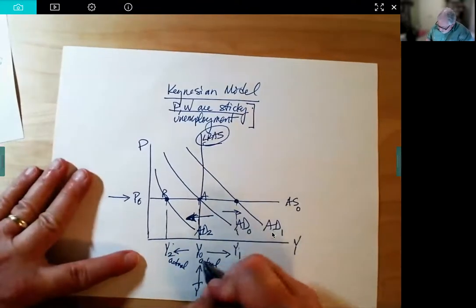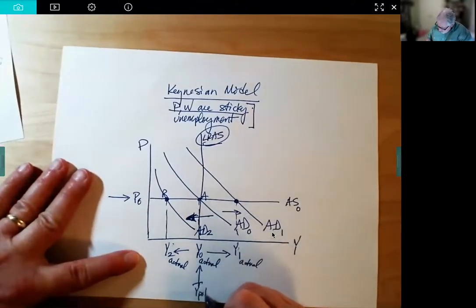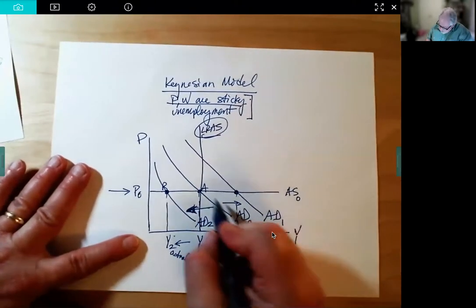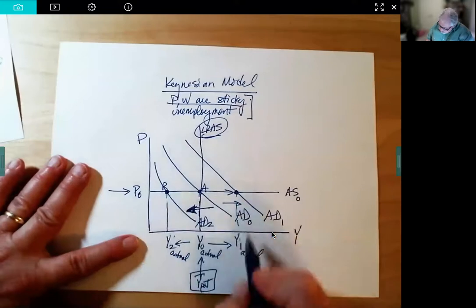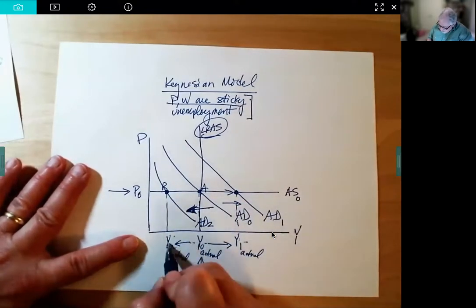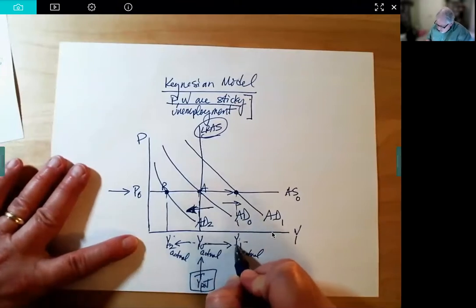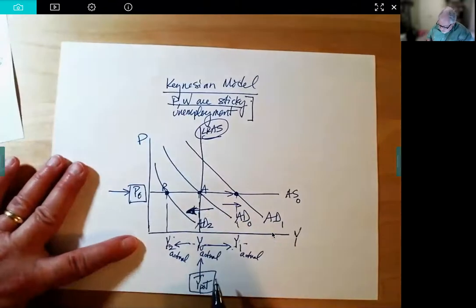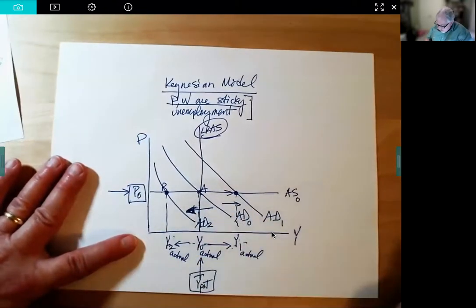It's a marker of potential GDP, full employment real GDP, and changes in aggregate demand cause real GDP to either go above that or below that. This is a recession. This is an expansion. And the price level we assume is fixed, at least for some period of time.